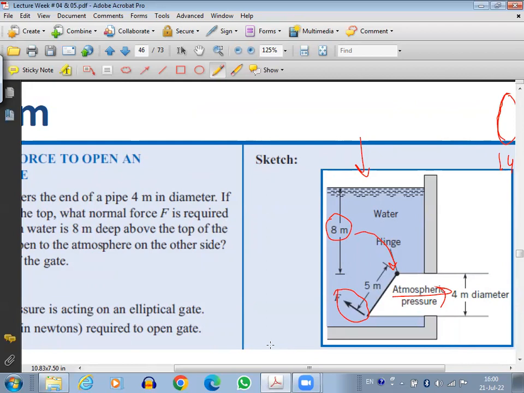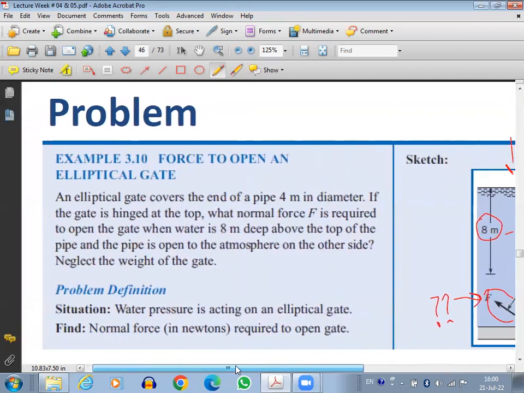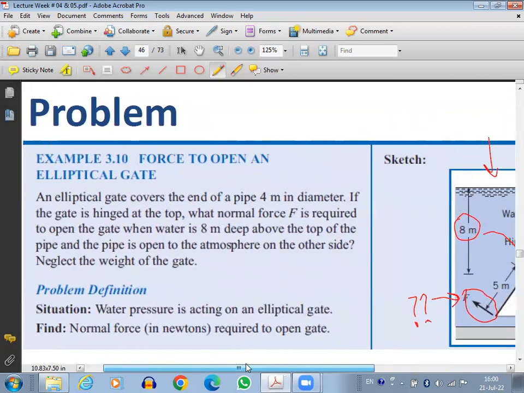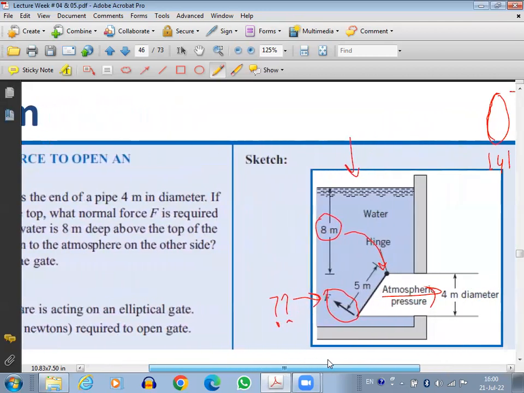I need to find how much force is needed to open the gate, when the water is 8 meters deep above the top of the pipe and the pipe is open to the atmosphere on the other side. Neglect the weight of the gate.